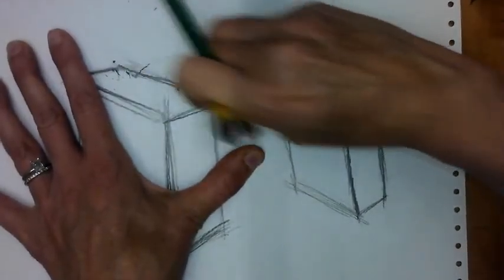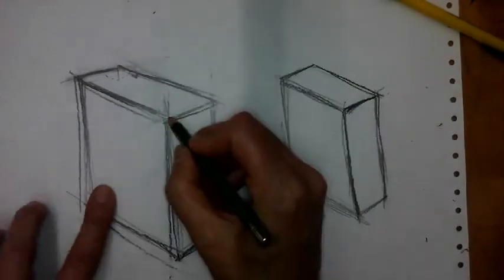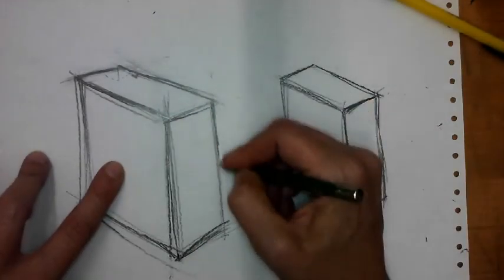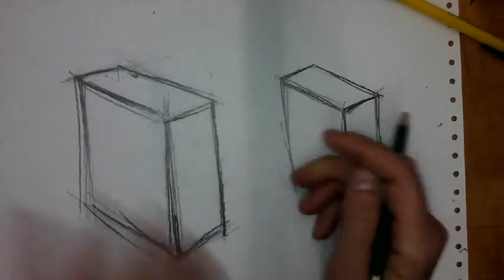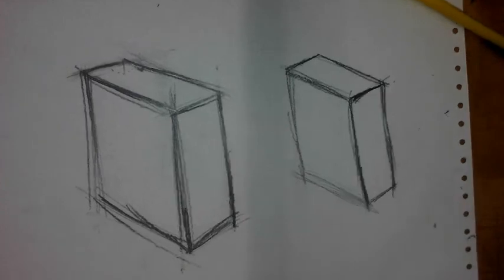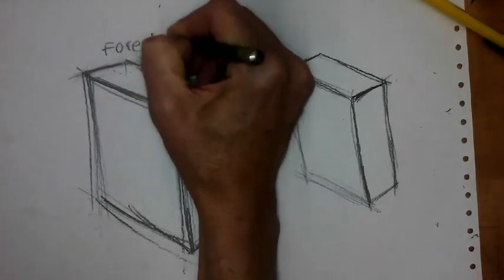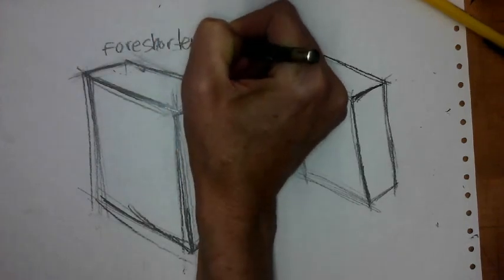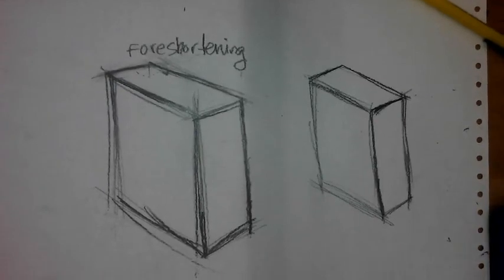It's boring because it's a cube, but it still gives this really great illusion of depth. So, give it a shot and try to incorporate foreshortening into your drawing.